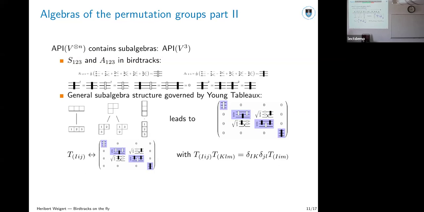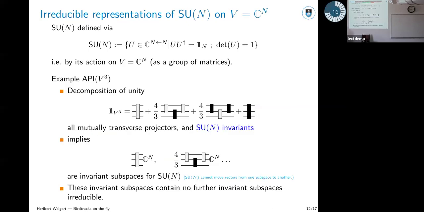And this shows you that these 4 form a closed subalgebra because that's their multiplication. These 4 in the box in the middle are a subalgebra. So we get a decomposition of the algebra. We also get a decomposition from the projection operators into irreducible representations of SU(N) in a moment.